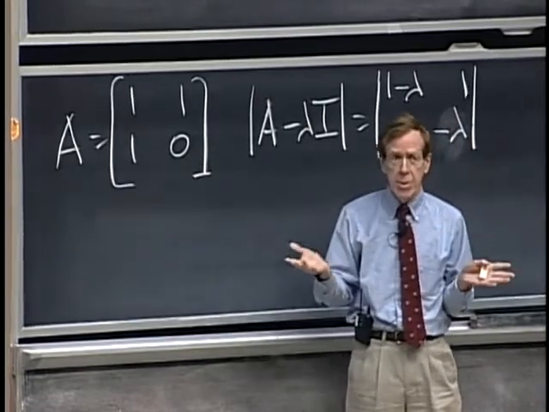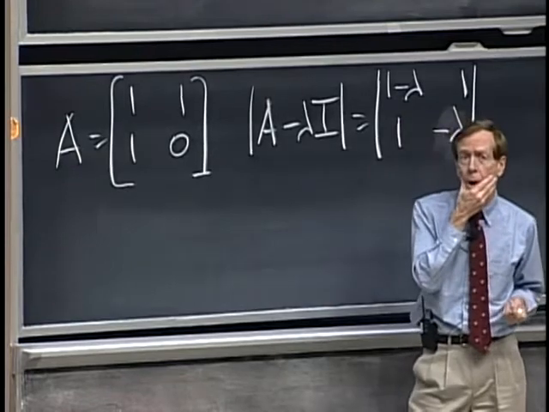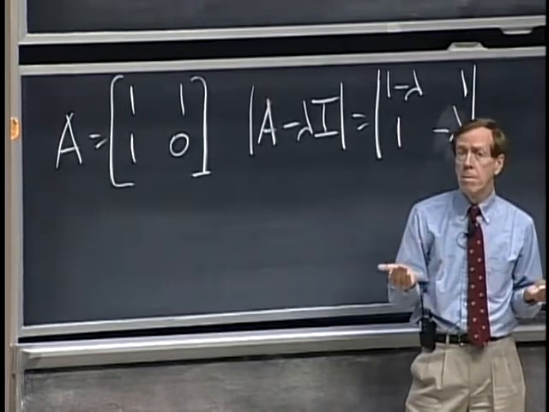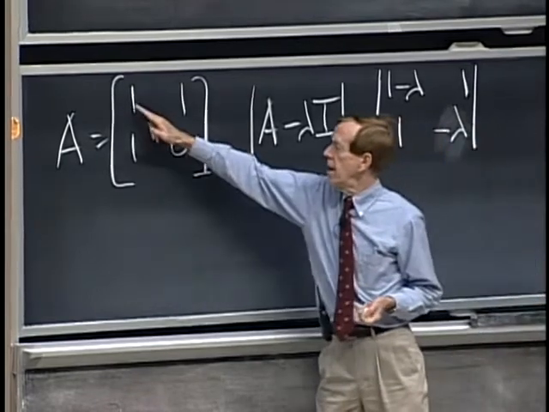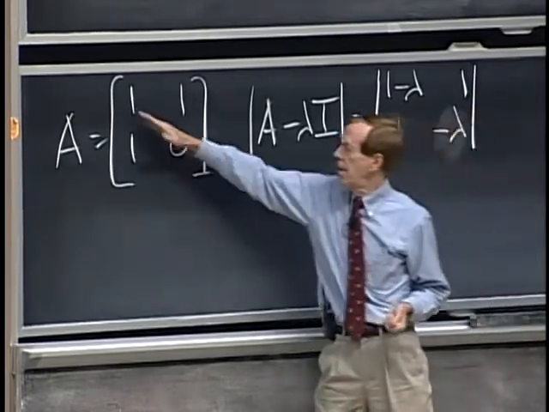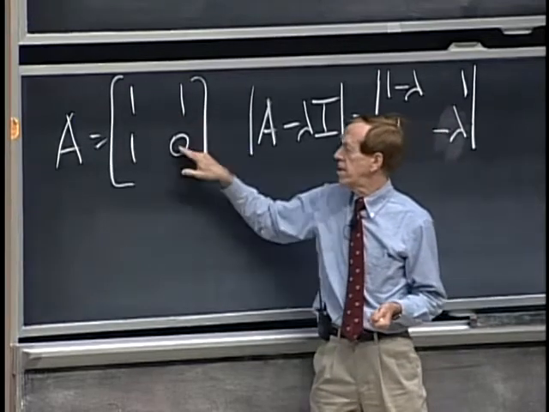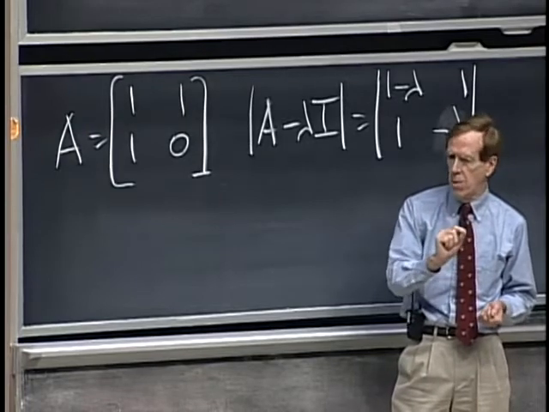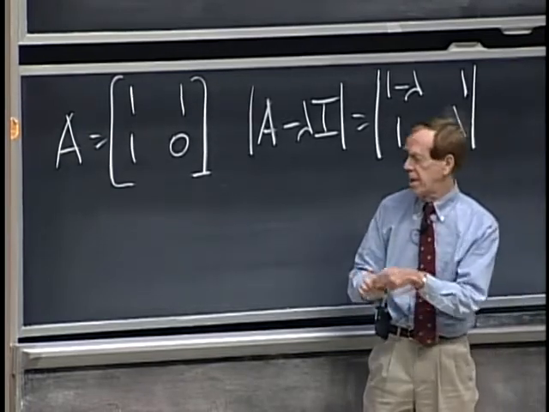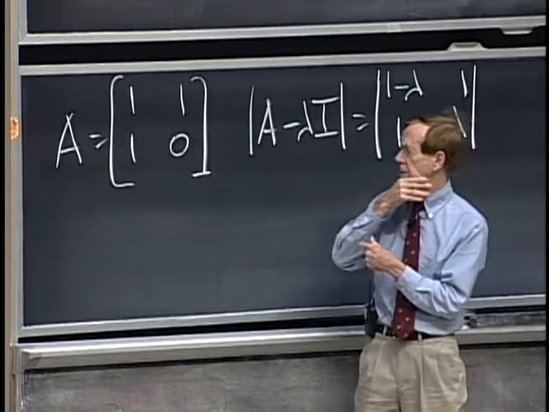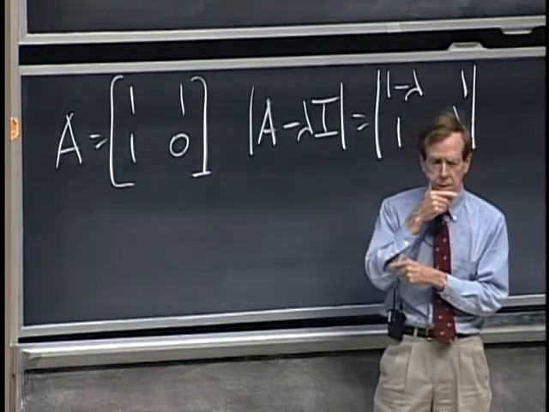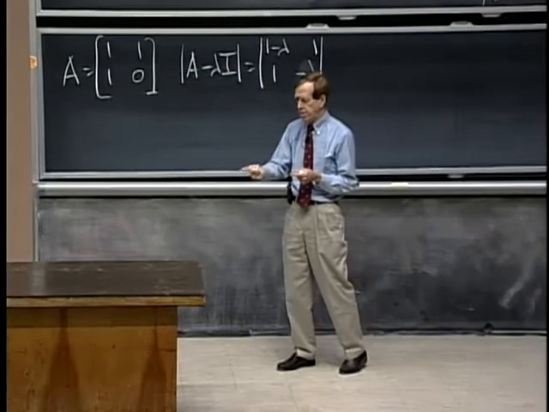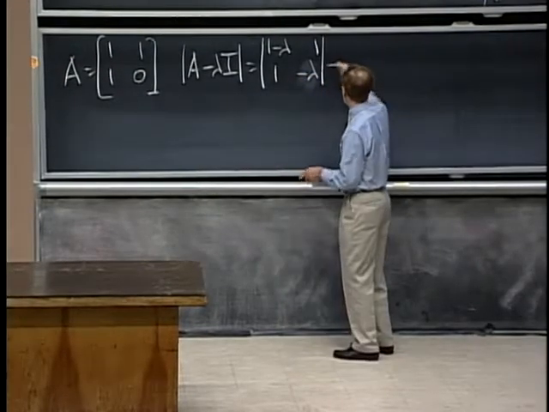What do they add up to? Lambda 1 plus lambda 2 is the same as the trace down the diagonal of the matrix. 1 and 0 is 1. So lambda 1 plus lambda 2 should come out to be 1. And lambda 1 times lambda 2 should come out to be the determinant, which is minus 1. So I'm expecting the eigenvalues to add to 1 and to multiply to minus 1. But let's just see it happen here.